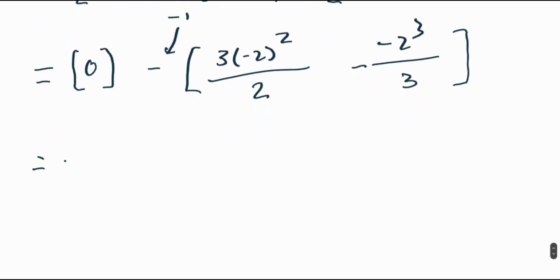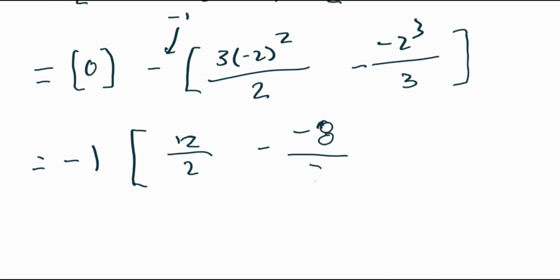So this is going to equal -1 times 12. It is 12 because -2 to the power of 2 is -2 times -2, which equals positive 4, because any negative number to the power of an even number is positive. It's 12 over 2 minus -8 over 3.